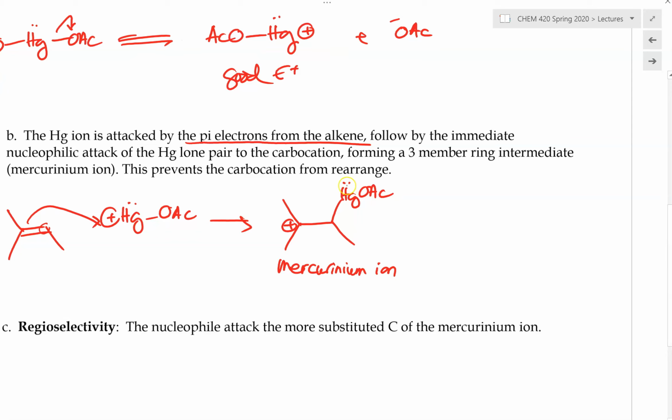And in this case, it will come in and attack this carbon right here to form a three-member ring, producing this product as follows. And now the mercury becomes a cation. So this is what we'll be producing right here.